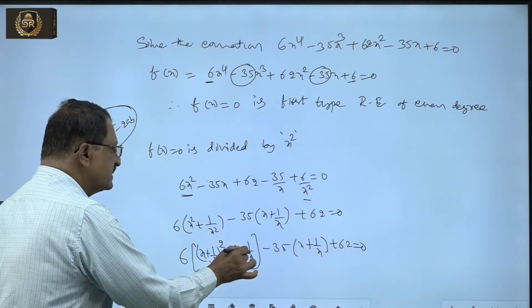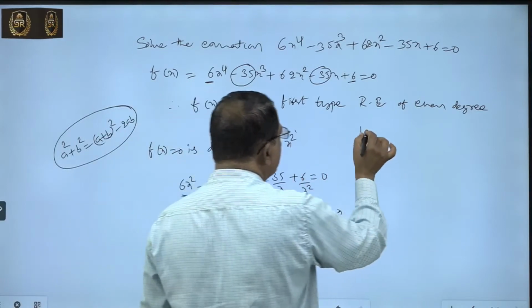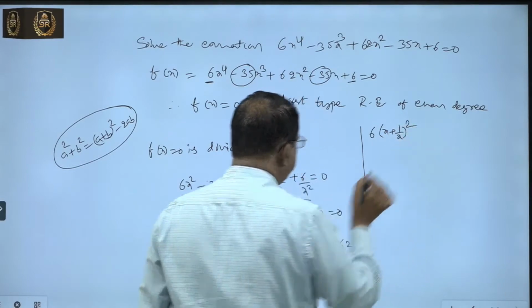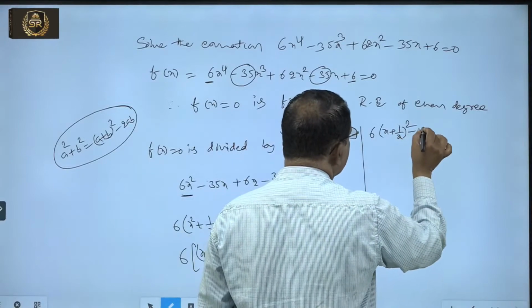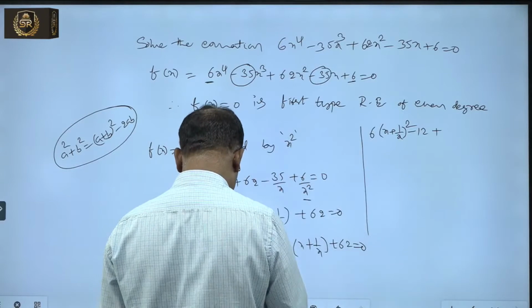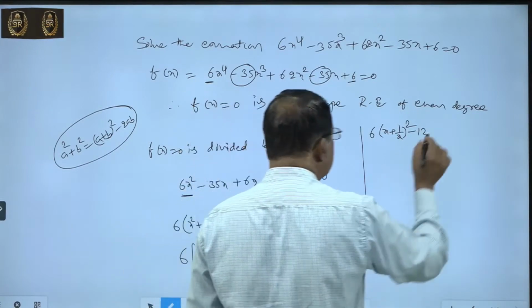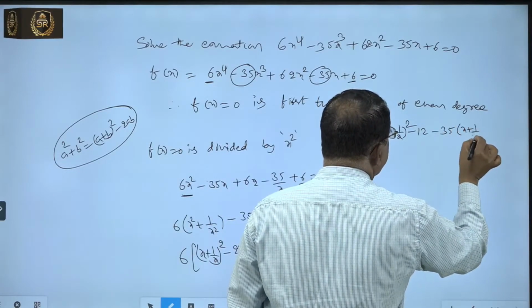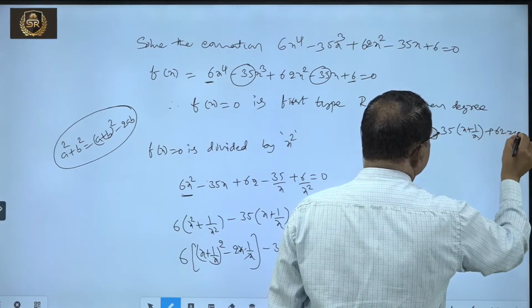Here x gets cancelled. Now, we get 6 of x plus 1 by x whole square minus 12 minus 35 of x plus 1 by x plus 62 equals 0.